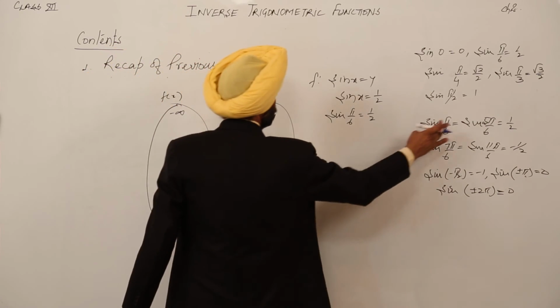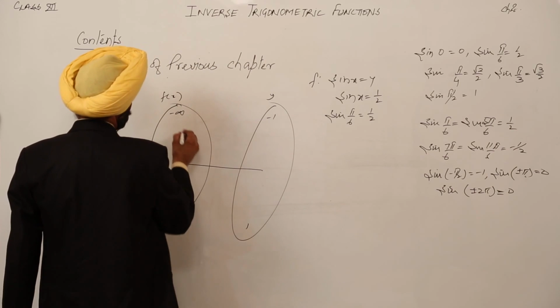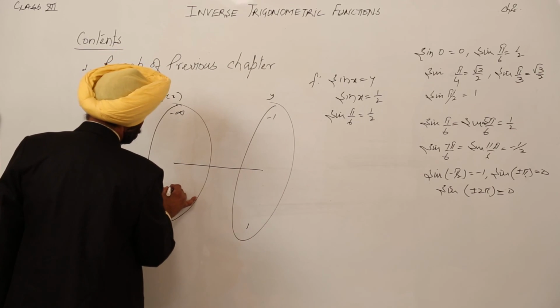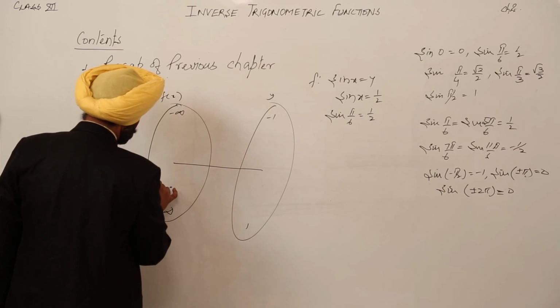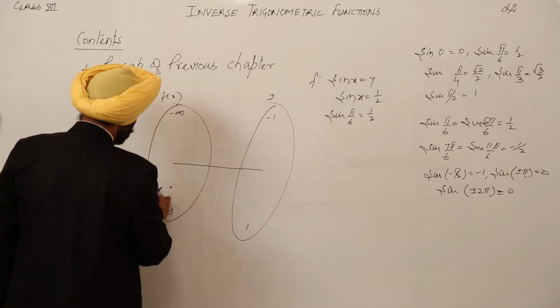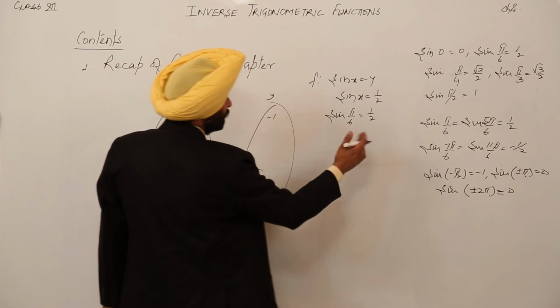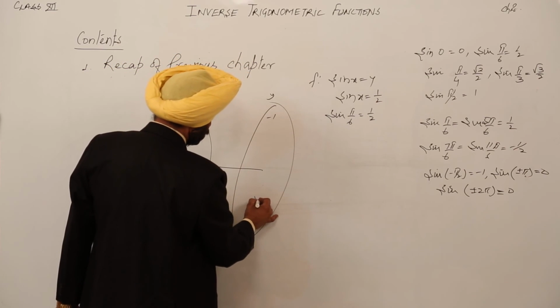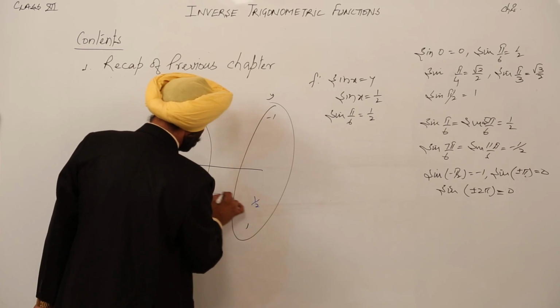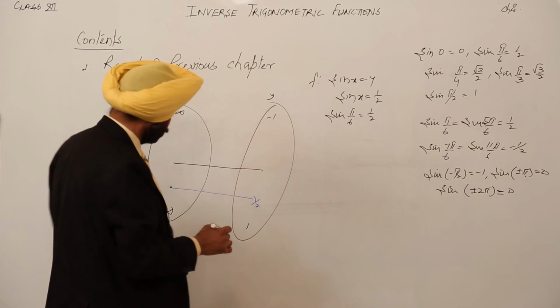Pi by 6 and 5 pi by 6. I will draw it separately. For pi by 6 it is 1 by 2, so this is pi by 6, 1 by 2.